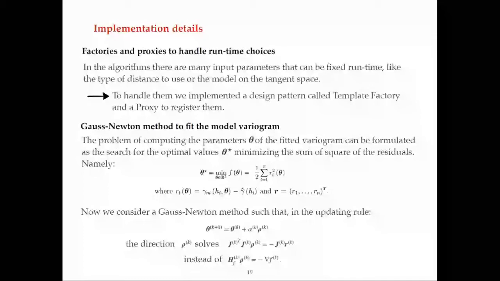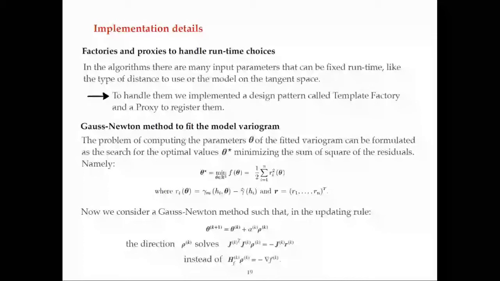For example, it's worth noting that we use two design patterns, template factories and proxies, to handle runtime inputs and grant code extendability. Moreover, we also implemented in C++ the Gauss-Newton algorithm used to solve the optimization problem that determines the parameters of the variogram. All the mathematical details are shown here in the slides.